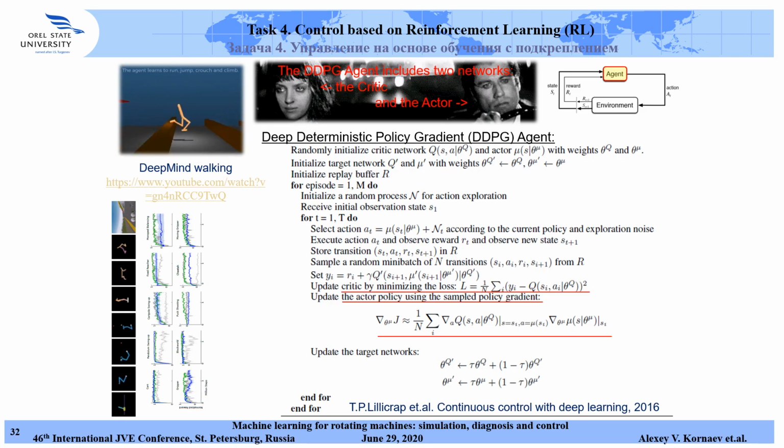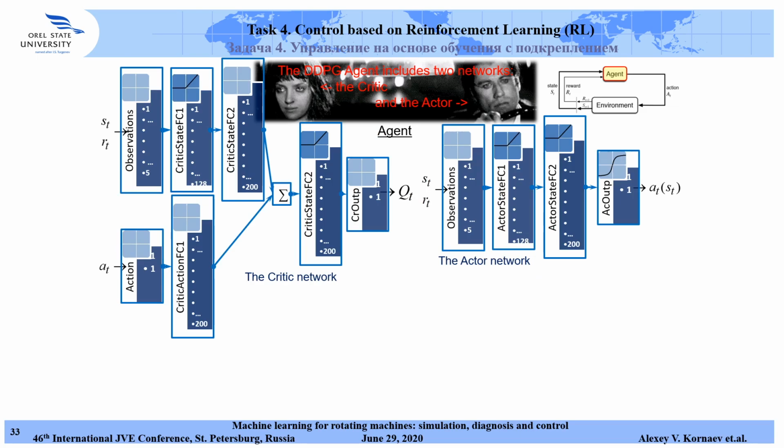The critic network minimizes the loss function to find the biggest reward for all subsequent actions, and the actor uses the critic to calculate gradient descent and to determine the next action. We used a multi-layer neural network with ReLU activation function for the critic and for the actor. As the environment, we used a simulation program and the real test rig.